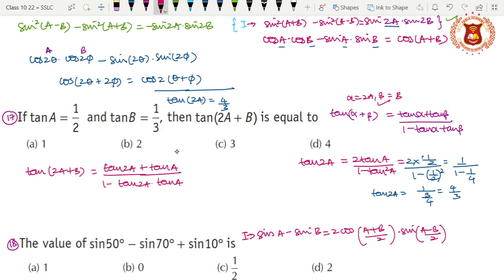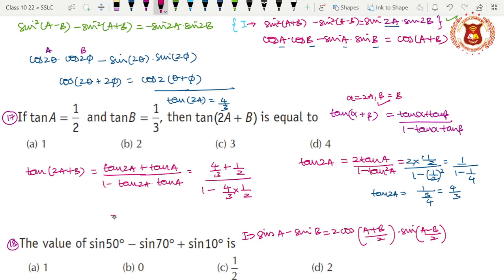I'll write an extra step here. Now tan 2a is 4 by 3. 4 by 3 plus tan a is 1 by 2, whole divided by 1 minus tan 2a again is 4 by 3. Tan a is 1 by 2, right?